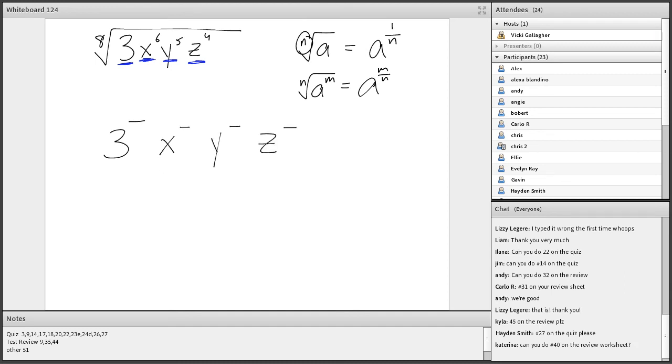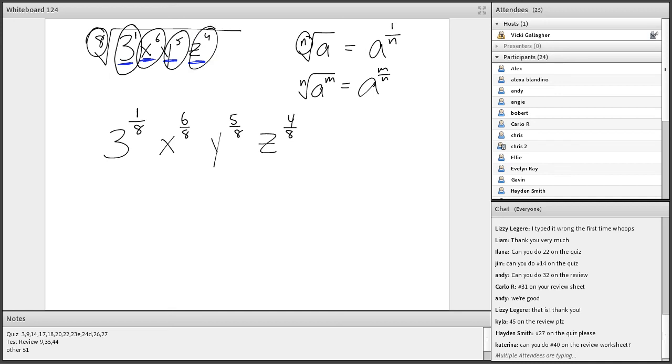And an 8 is going to go on the bottom of all of those fractions because it was an 8th root. Now, if we look at the number 3, the 3 did not have an exponent, or technically it had an exponent of 1, so I'm going to put a 1 on top. For the letter X, I had a 6. For the letter Y, I had a 5. And for the letter Z, I had a 4.